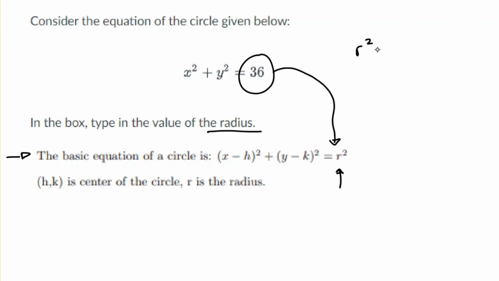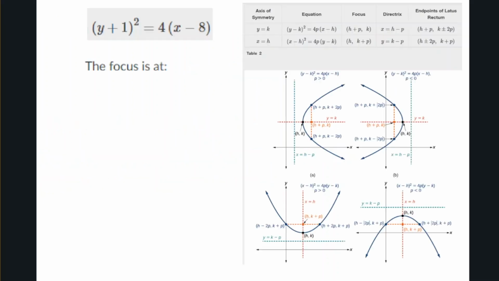So r squared is 36. To find what the radius is, I square root both sides. The square root of 36 is 6, so our radius is 6 here. So definitely include these formulas involving our conics if they're not memorized.